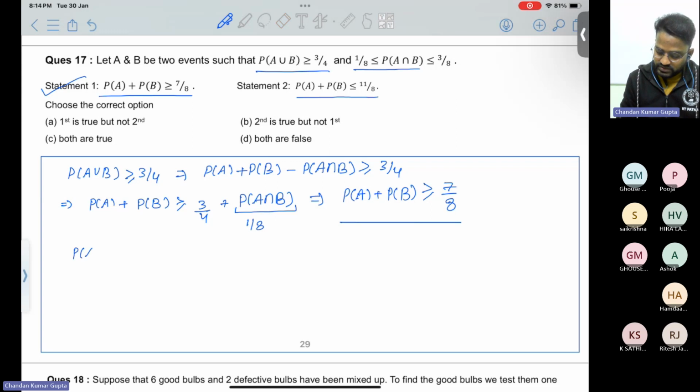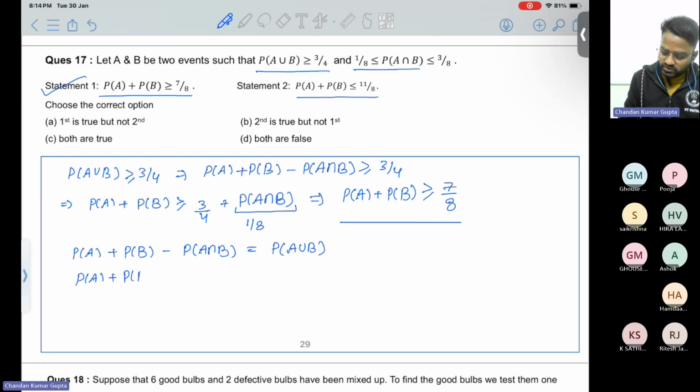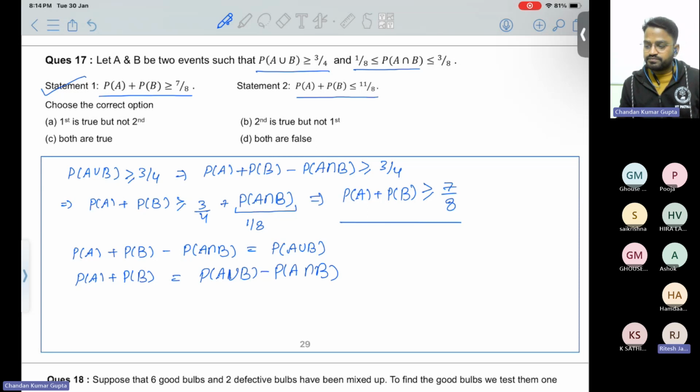Okay. Probability of A plus probability of B minus probability of A intersection B is probability of A union B. It is the formula. From here, we write probability of A plus probability of B is probability of A union B plus probability of A intersection B. Now probability of A union B is 3 by 4.